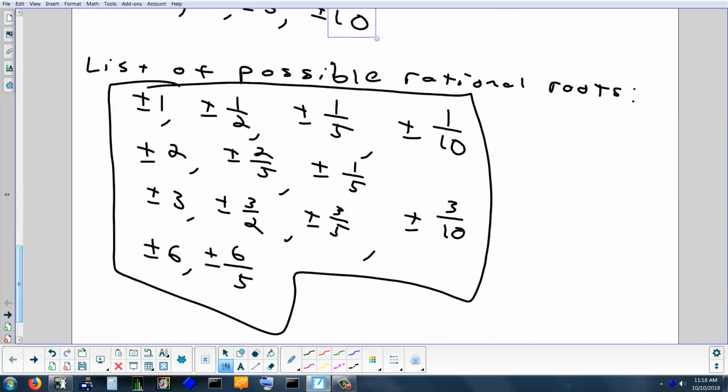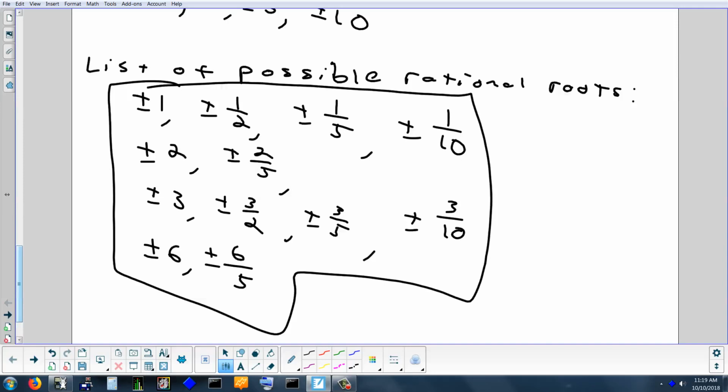So now I could graph it and narrow it down. You have 1 over 5 written twice. Yeah, okay, we really don't need it twice. So we have a list of 12, double it for the positive and negative, a list of 24 possible places that it could cross the x-axis at a fraction.